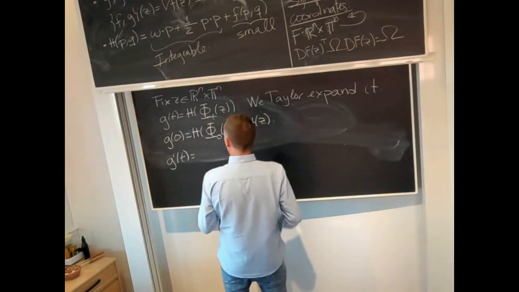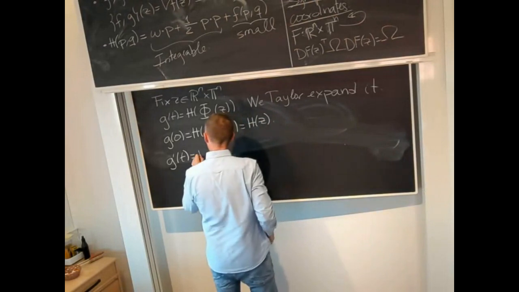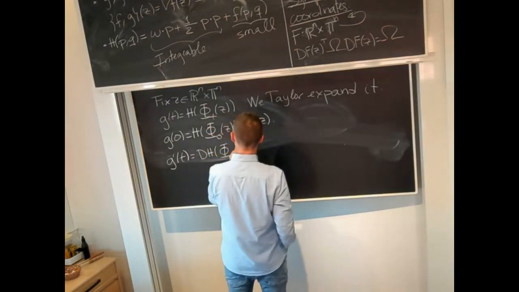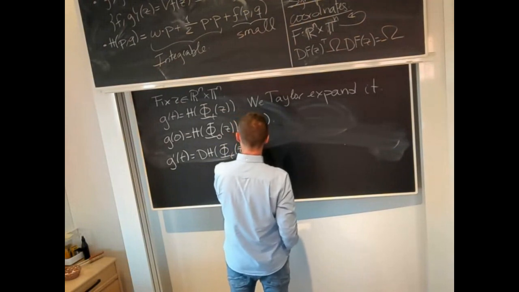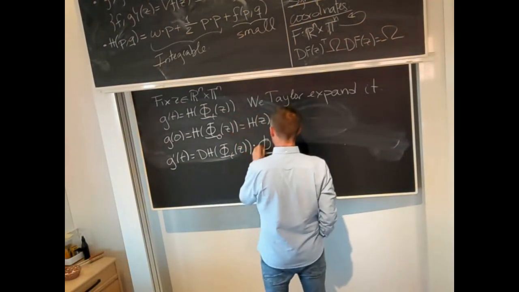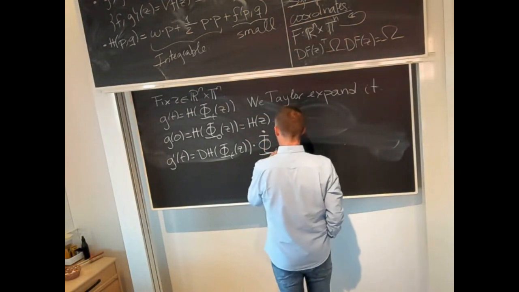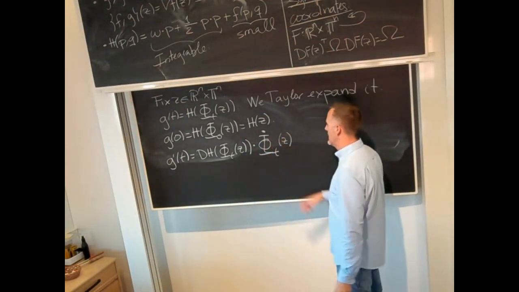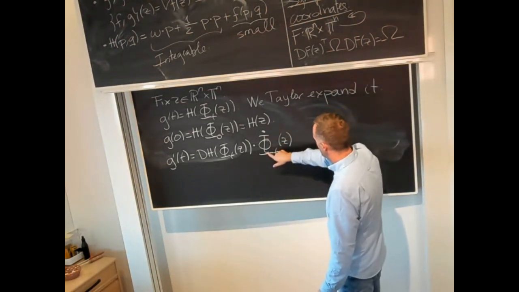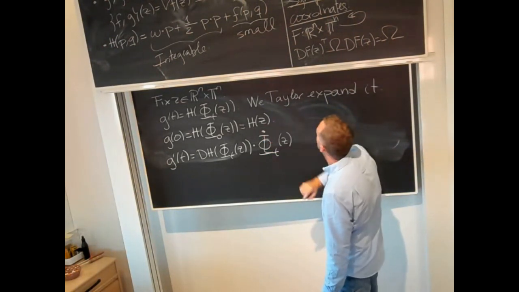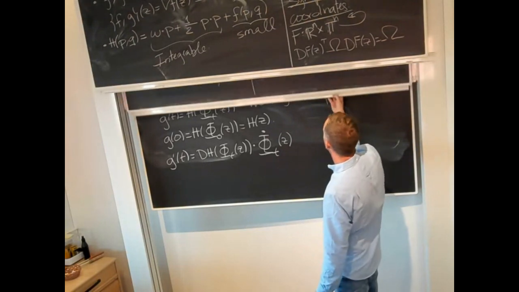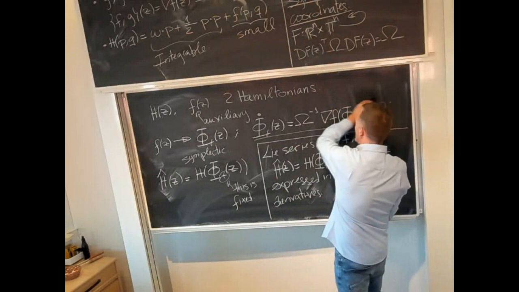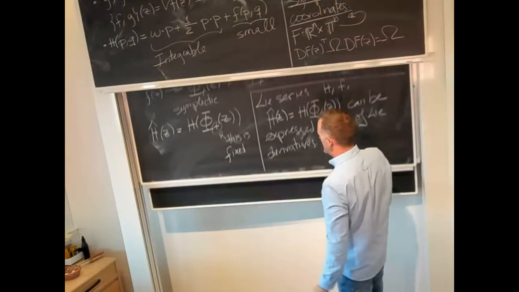at time t is the derivative of this, that is the differential of h at phi t of z times phi prime at z. So we use the chain rule. But the time derivative of phi satisfies this one.